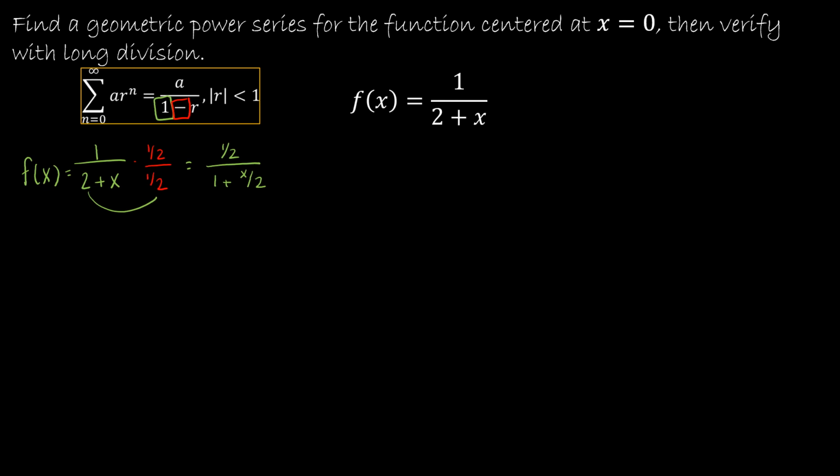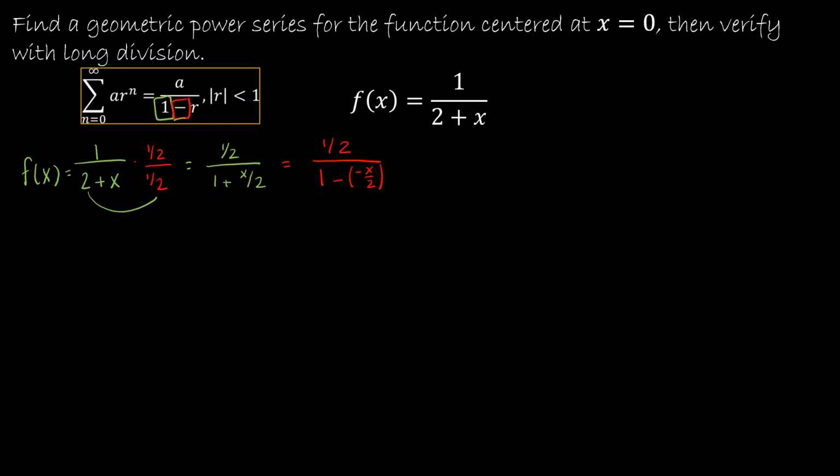Now let's take a look at the second problem. The second problem is that I want a minus, but I have a plus. So it really doesn't take any work to figure this one out. You don't have to rewrite it, but you can rewrite it as 1/2 over 1 minus (-x over 2).